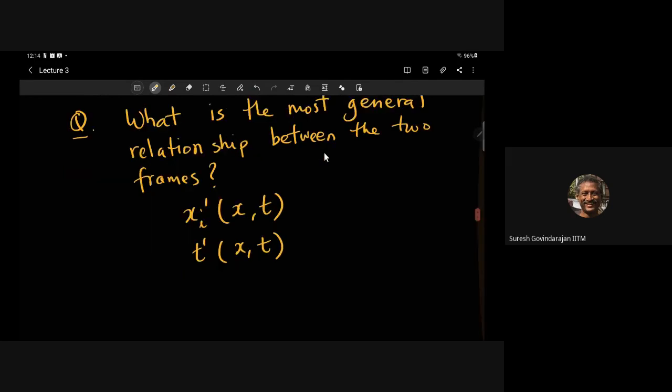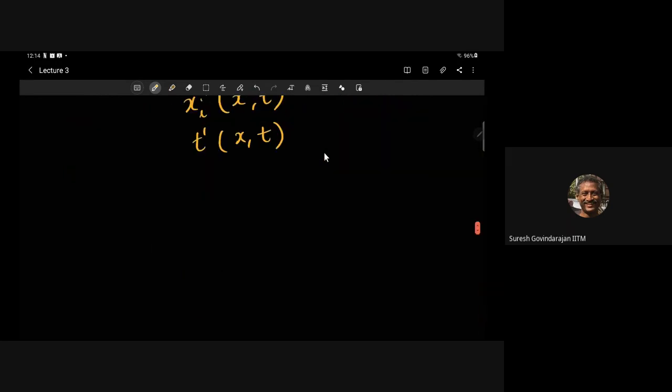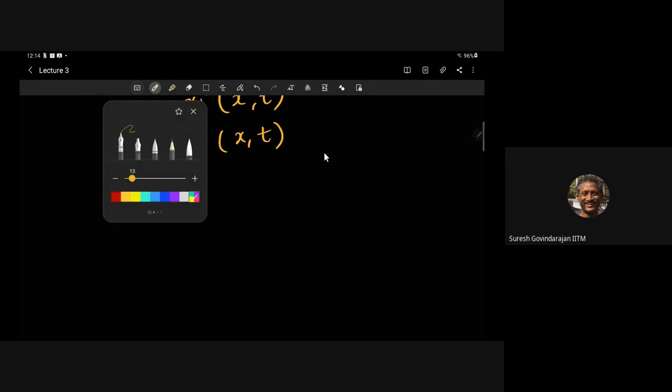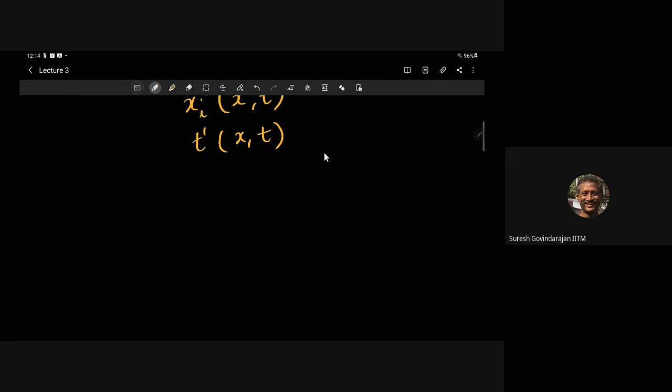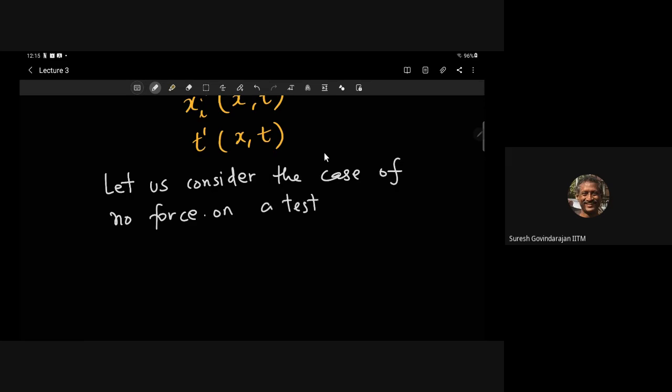Okay. So first, let's consider the case of no force on a test particle. Even mass is not relevant for this, but let it be this way.